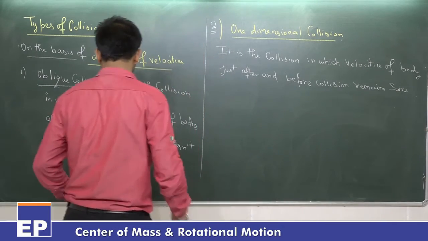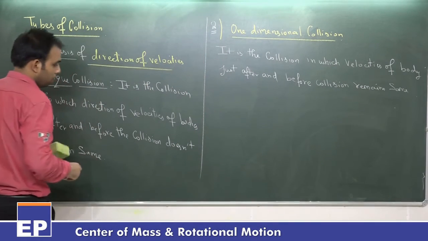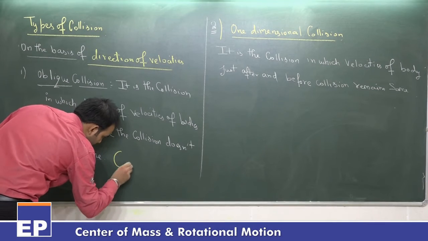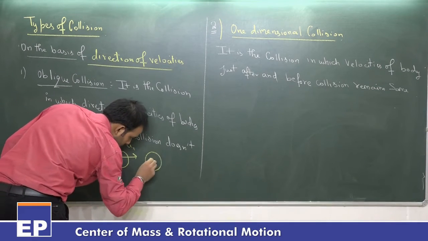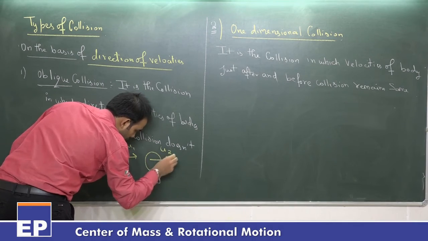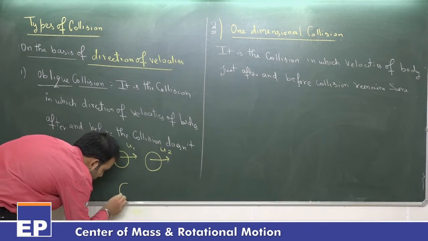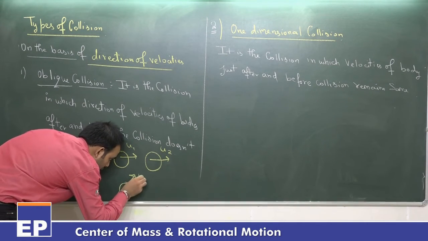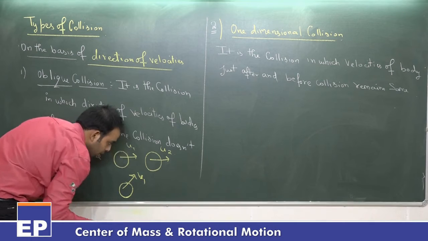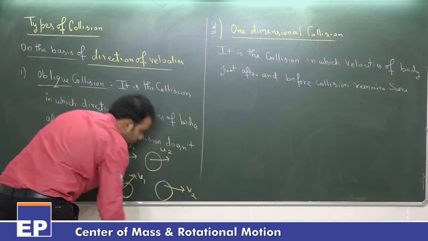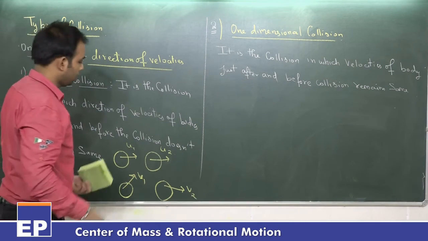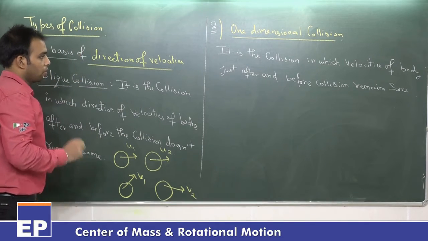Like oblique collision, you can say if the two bodies are moving in this direction and these two will collide, and after the collision u1 will start moving in this direction, some velocity v1, and it will start moving in this direction with some velocity v2. So this type of collision, you can say it is a oblique collision.